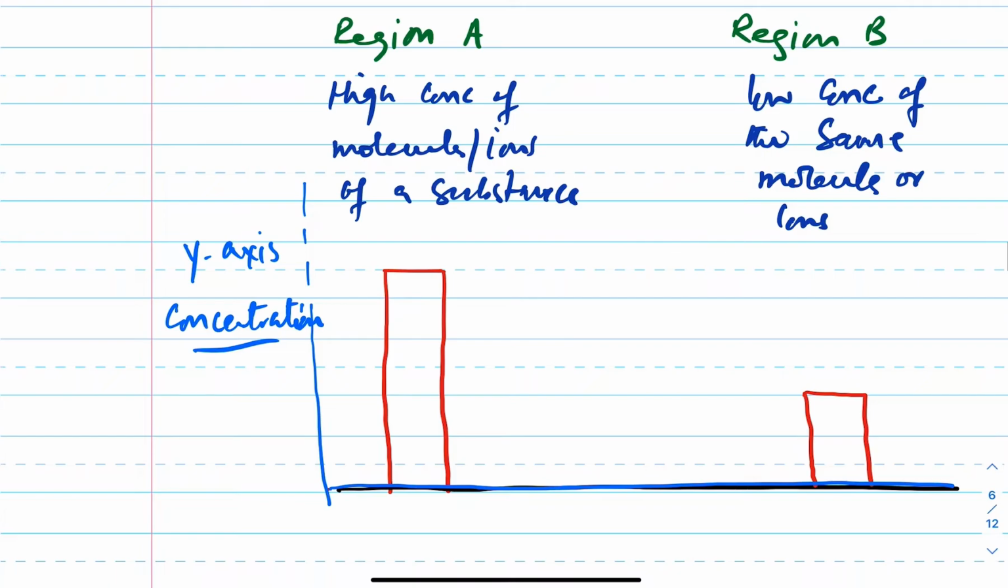So there is a difference in the concentration on both sides. This can be calculated by plotting a slope from high to low concentration. This slope, or the difference in the concentration at two regions, is known as concentration gradient.